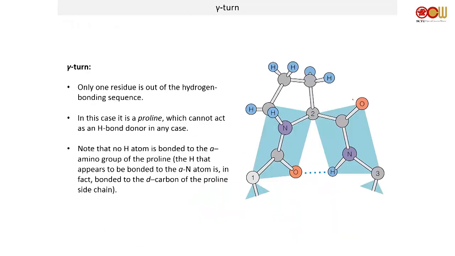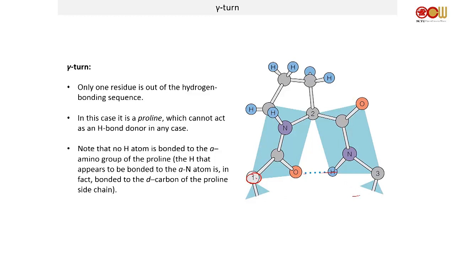One last thing that I have for you guys is called gamma turn. Gamma turn turns out is even smaller. Only one residue is out of the hydrogen bond sequence. So essentially you have hydrogen bonding down there, where all you have to have is 3 amino acid residues.